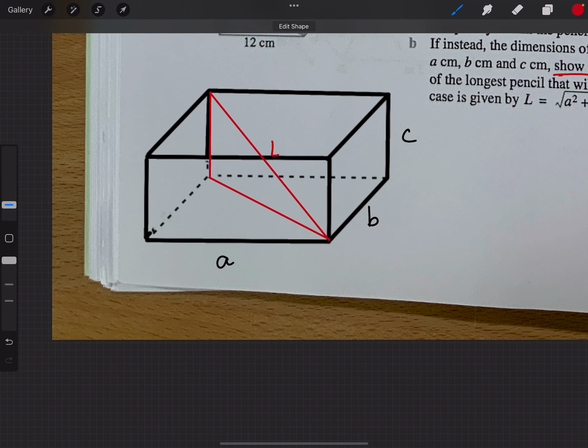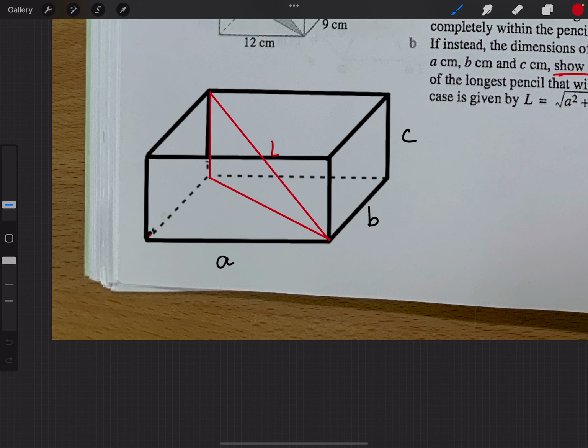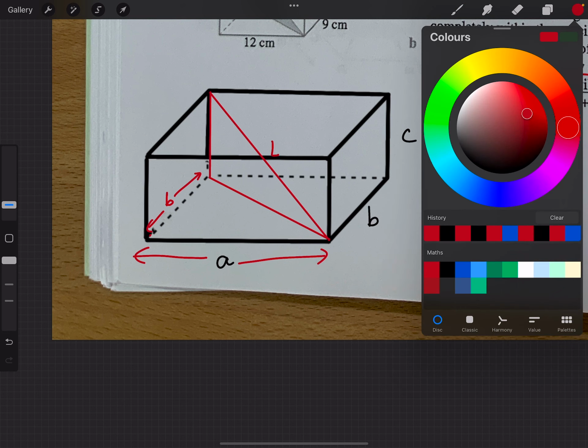Now what is this length here? This will be your B, isn't it? So I'm going to write B here. And this length is A. So what's this length? Let me put it in blue.